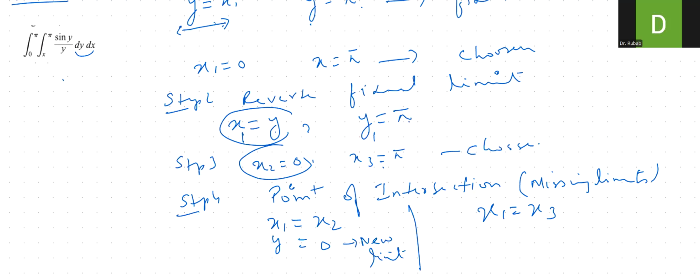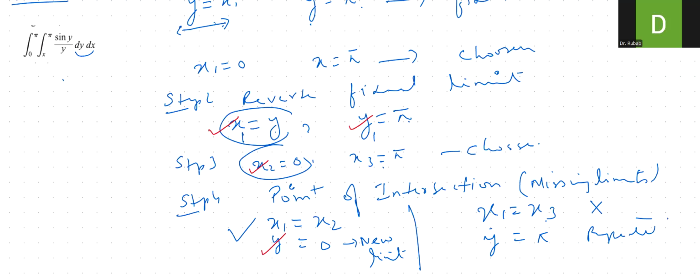When I compare x1 with x3, I get pi, which is a repeated limit. So I exclude this and choose the other for my limits. So my limits will be x1, x2, y1, and the new limit y0. This is the way I reverse the order and find the new limits.